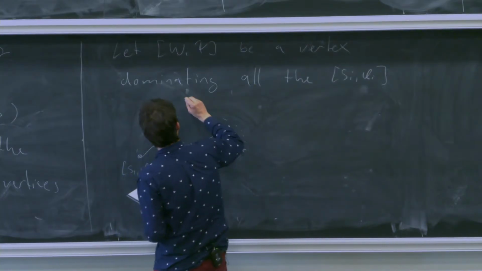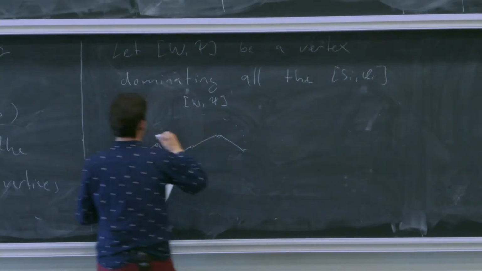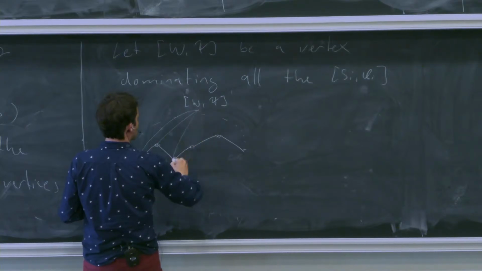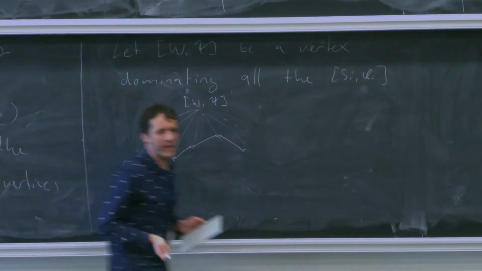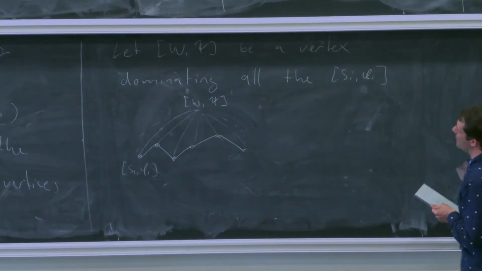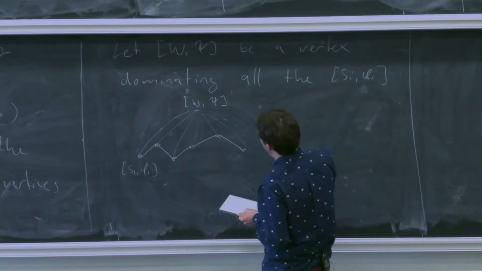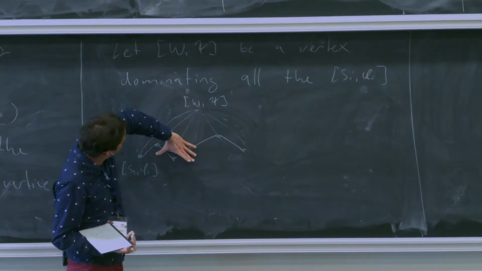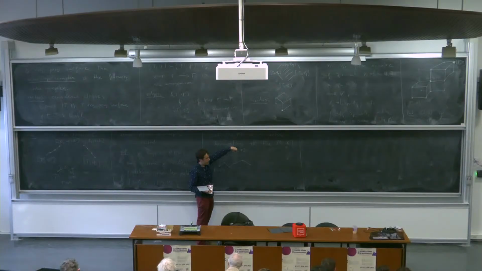And now we find here a vertex W, psi, such that we reach this one all through blow-ups. It's a small exercise to see that such a vertex exists. Now we want to shrink this loop up to this vertex that dominates all of them. And the way we do this is, first of all, we remove the backtracking.